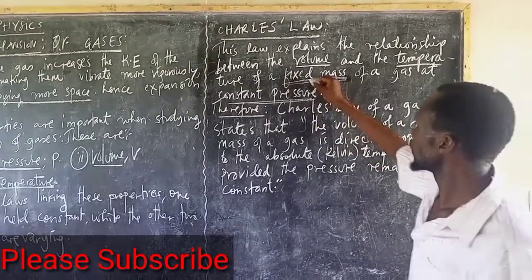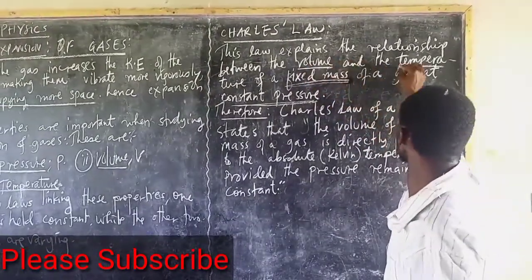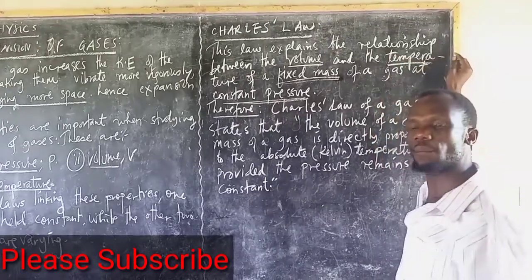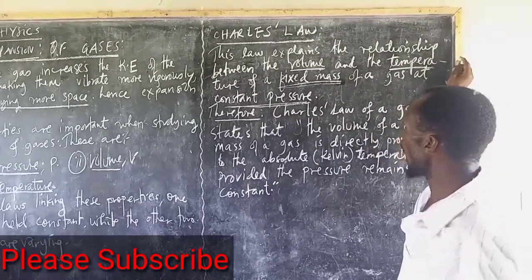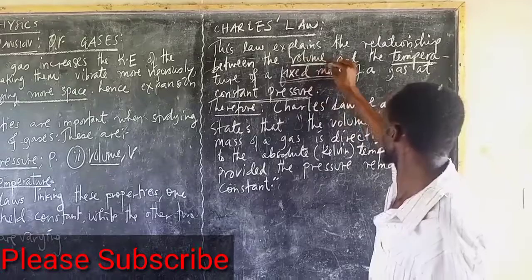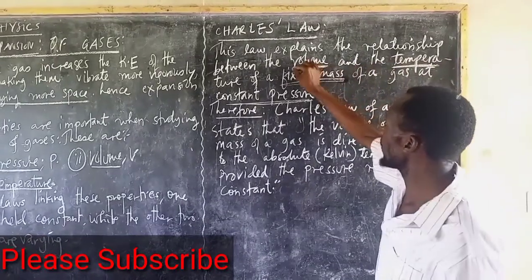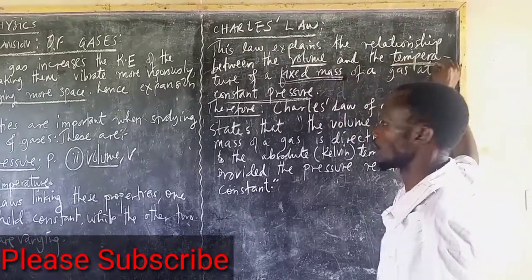How does it happen? Very simple. Now we're talking about volume and temperature.